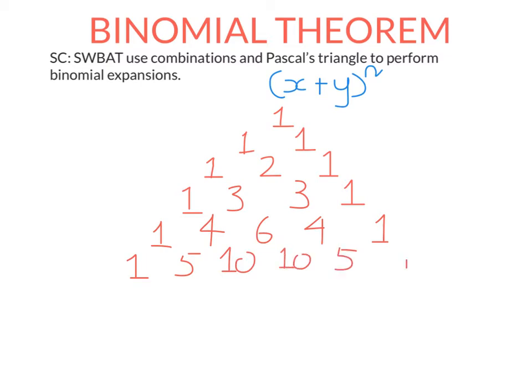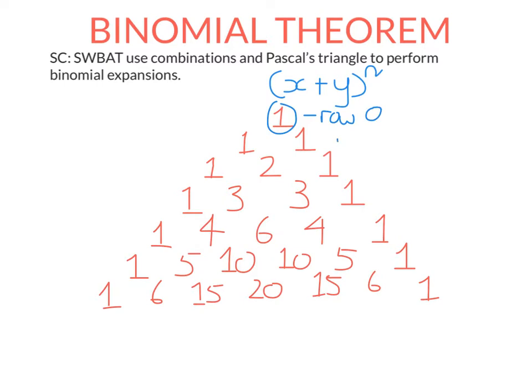Well, it turns out there is a very clear link between the entries here and combinations. So I'm just going to go down here to row 6. Just to make everything work, this first row is called row 0, and this is row 1, and so on. And we give each of the entries a number.